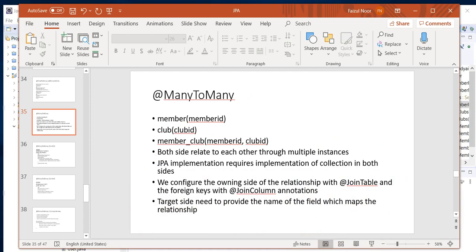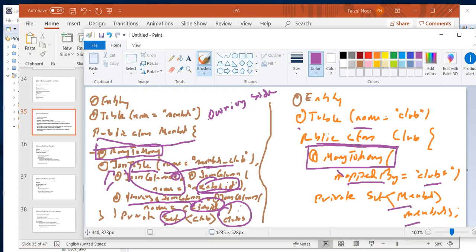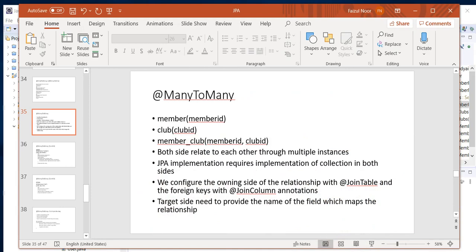We configure the owning side of the relationship with the join table and the foreign keys with the join column annotations. If we look over here, we have the join columns, and here we have defined the join column and the inverse join column information. And then the target side needs to provide the name of the field which maps the relationship.